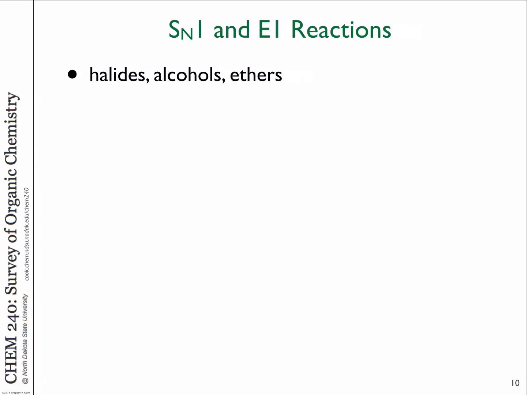So if you have some leaving group, tertiary substrates, for example this, you could then, if this iodide just comes off, first step, nothing else involved, you could do two things from there.